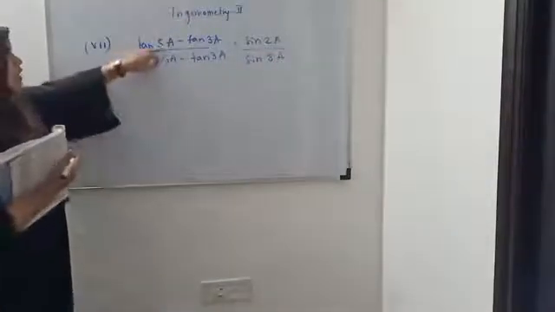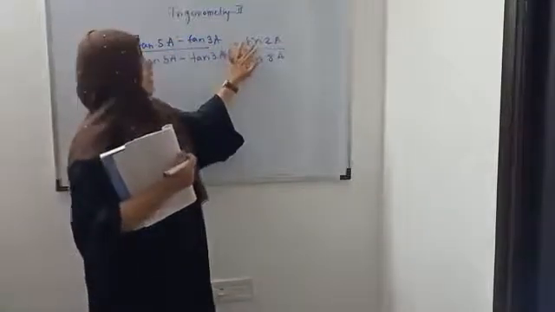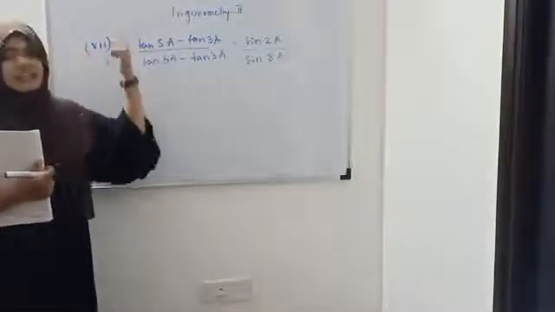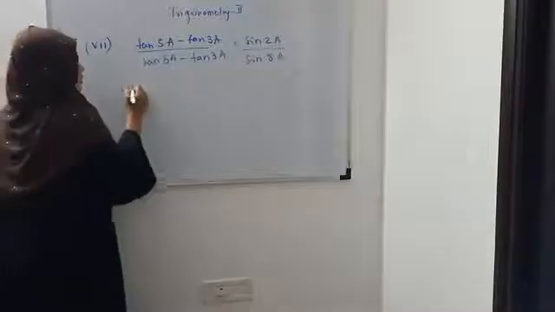You can see tan 5a and tan 3a, but in RHS sin 2a and sin 8a are given. So we will convert this tan into sin and cos. So we will start with LHS.